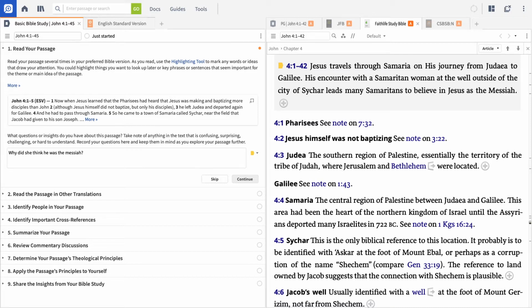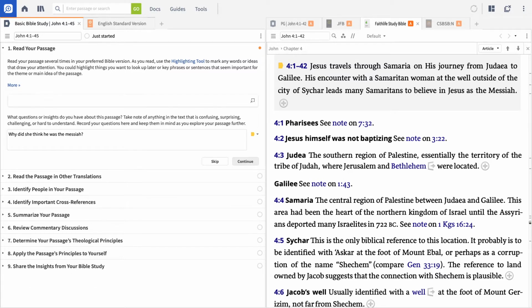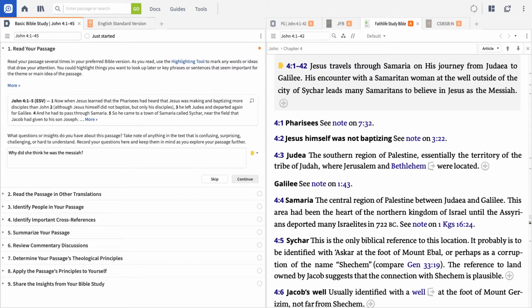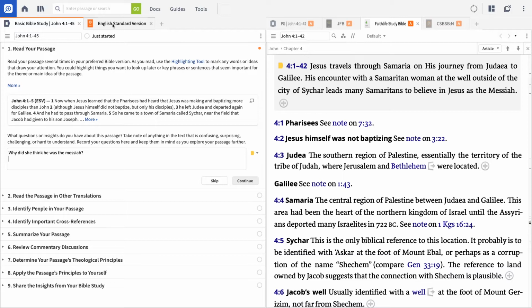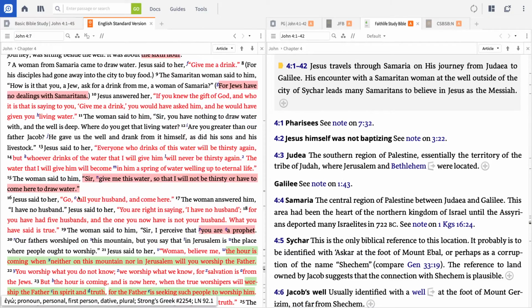But as for insights, one thing that is mentioned that I think is kind of a smaller theme, especially later in the middle of the passage when the disciples arrive, is a theme of unity, not really unity, but let me just check back there real quick.